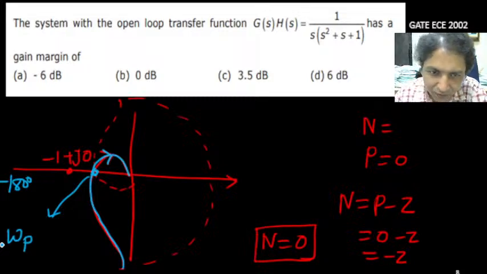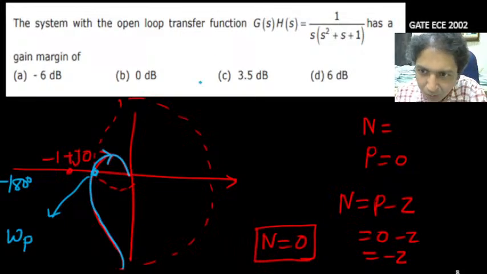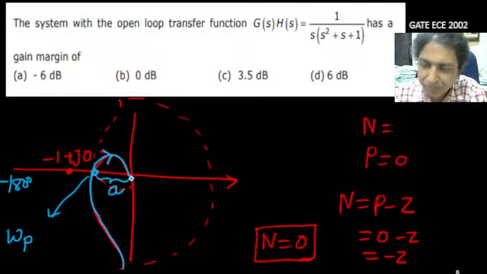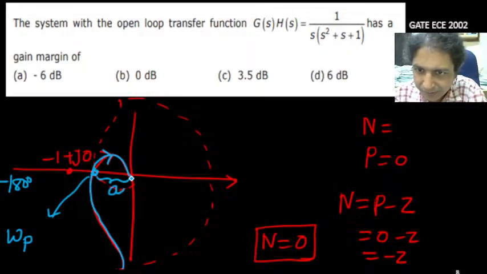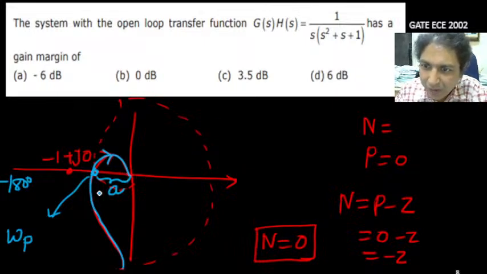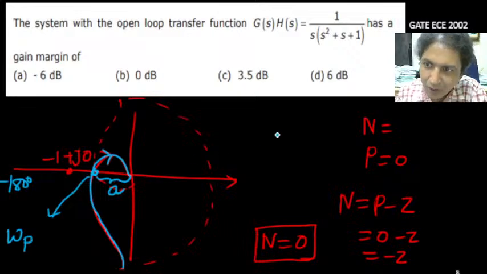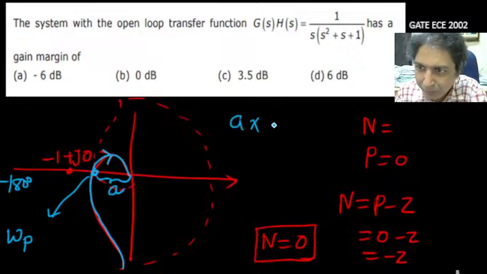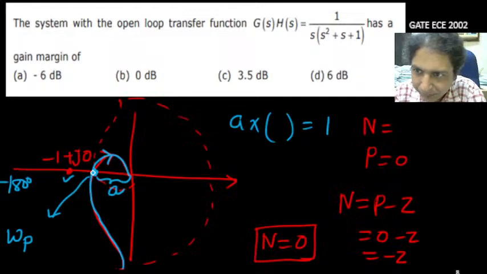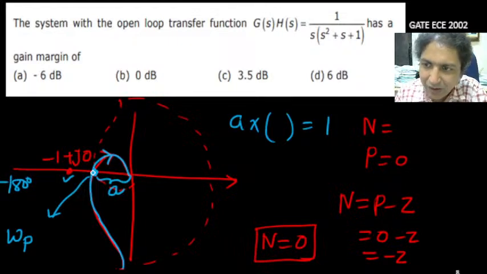At this phase crossover frequency, if this magnitude is A, then you can see how much additional gain we can provide so that it will just become unstable. Means with this A, how much we will multiply so that it will become 1, because this point will come to this point.